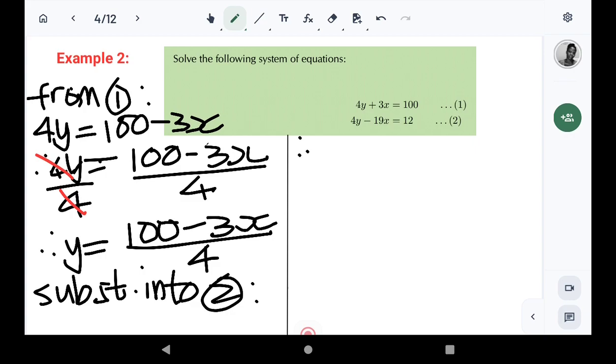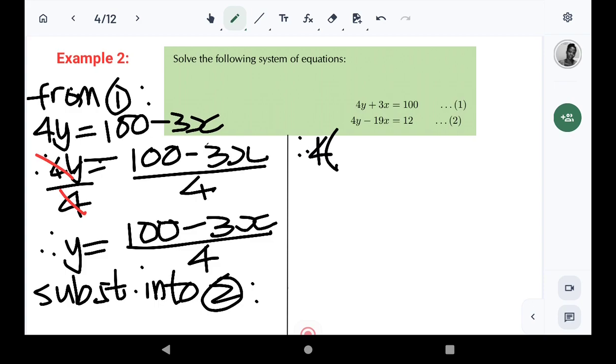Therefore, notice that you didn't have to start with equation 1. You could start with equation 2 if you wanted to. That's still okay. Substitute into 2, therefore. All right, where there is y, we put 100 minus 3x over 4.